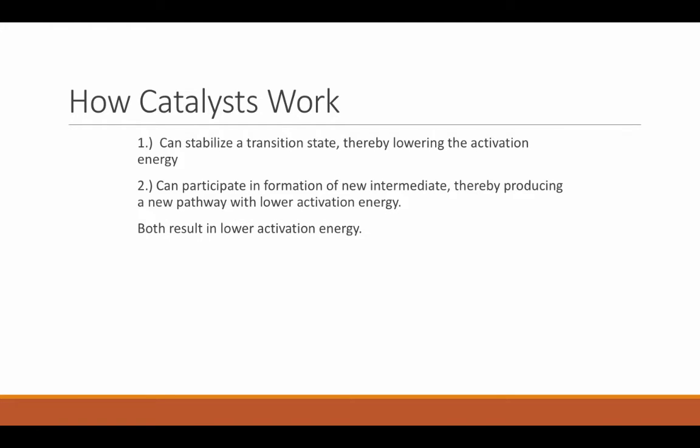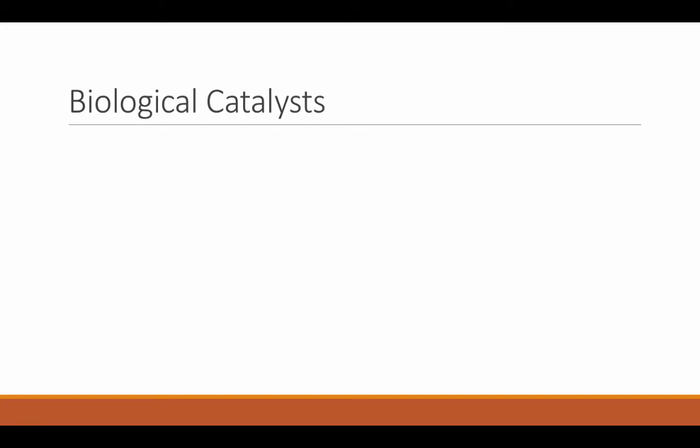The bottom line is, in either case, more molecules will be able to achieve the lower activation energy. Again, this does not change the energy or the enthalpy of the reaction, since the energy of the reactants and products remains the same.